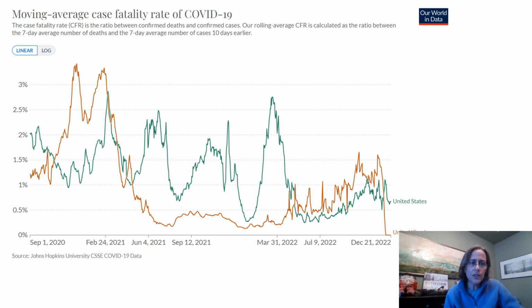You can also see that early in the pandemic, in that first really bad winter, where we had hospitals being overloaded, the United Kingdom had a much higher case fatality rate than the United States did. All the scientists are pretty much in agreement that the reason is that the United States actually rolled out vaccines much earlier.